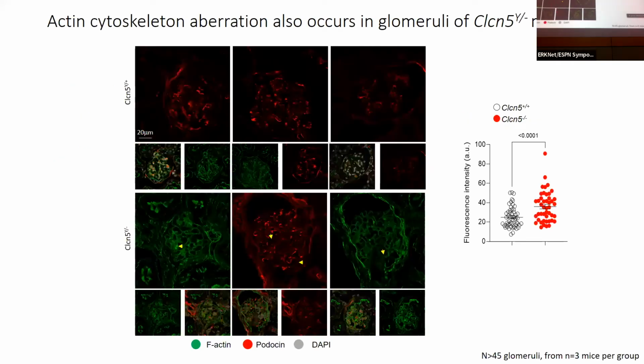And I'm just showing you one result to show that also in these mice, you can see an increase in actin in the glomeruli, potentially in the podocytes, and this is quantified here. We also have some data from isolated proximal tubular cells suggesting that you have an increased actin also in those.